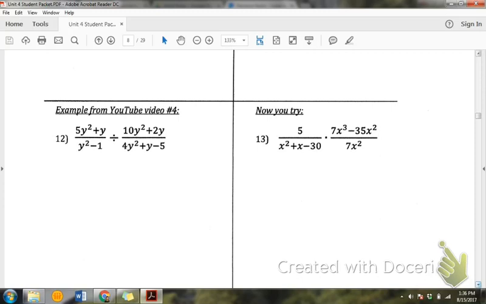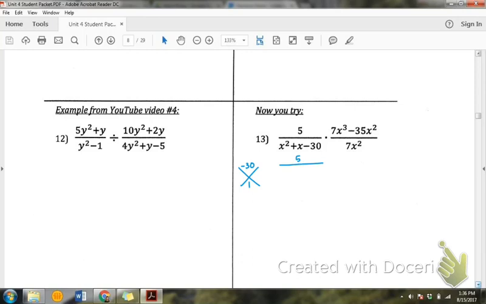Okay, so the first one doesn't need to be factored. That 5 just stays as is. So now we're going to see, okay, I need to see what numbers multiply to get negative 30 and add to get 1. Crystal, what multiplies to get negative 30 and adds to get 1? 30 times negative 1.